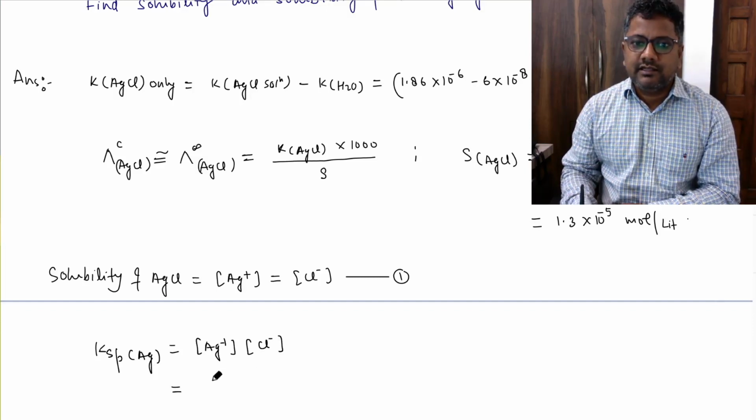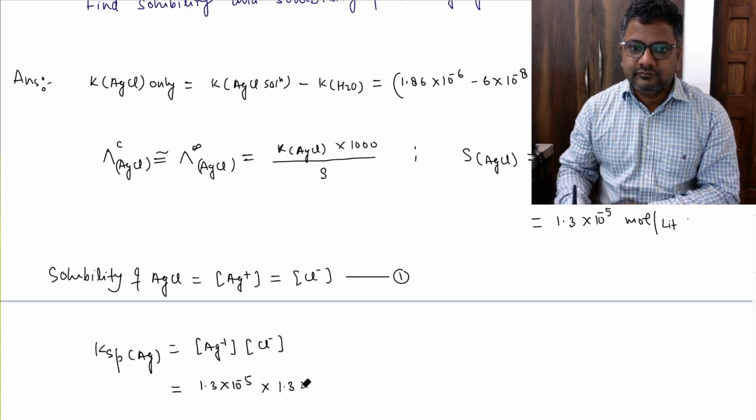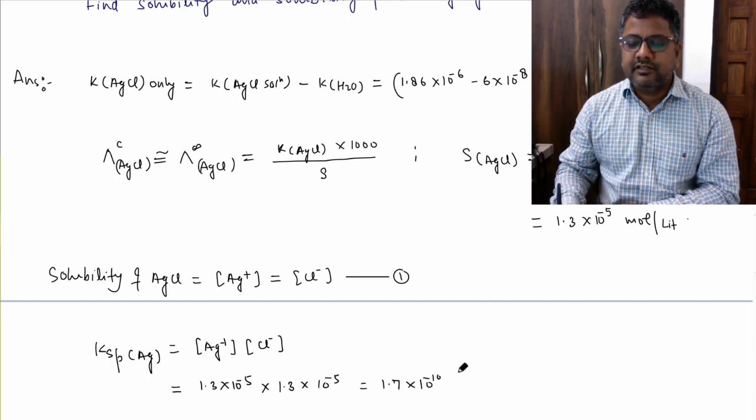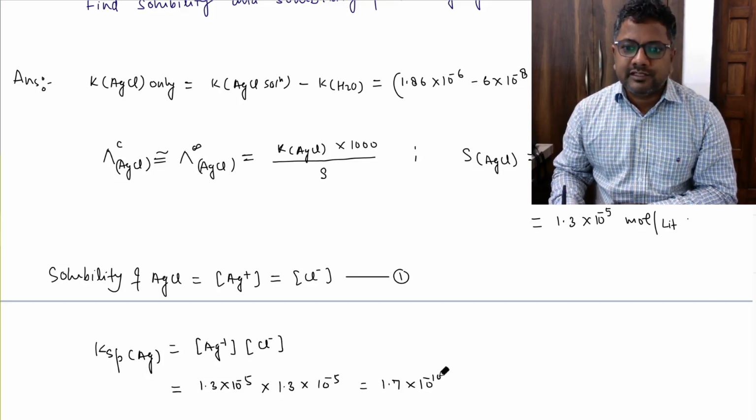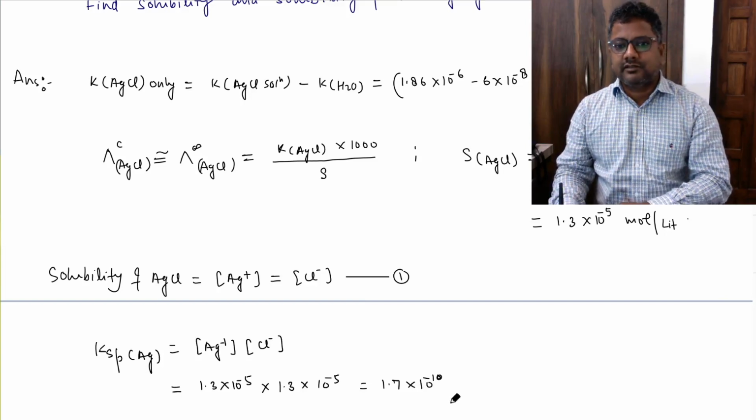So you can write 1.3 into 10 power minus 5 into 1.3 into 10 power minus 5. So this is equal to 1.7 into 10 to the power minus 10. And if the solubility is in moles per liter, then there is no need to specify the unit of solubility product.